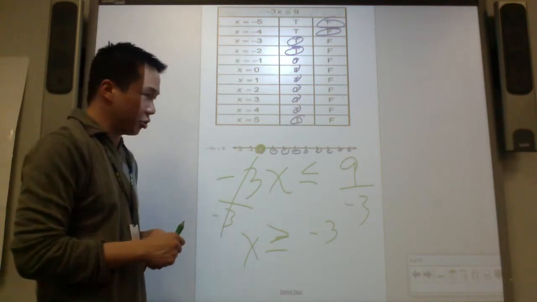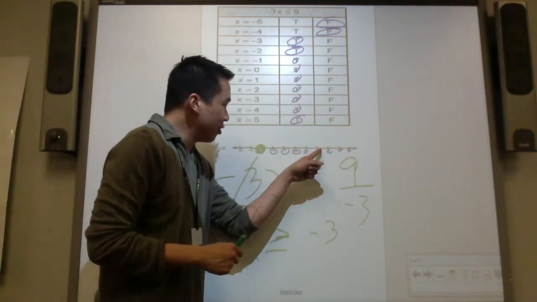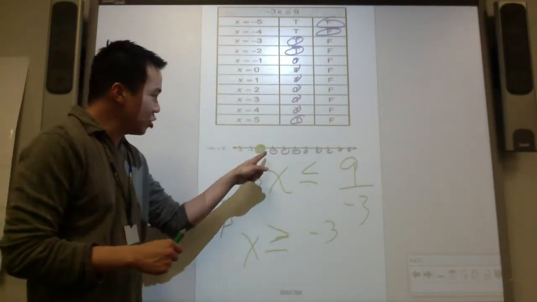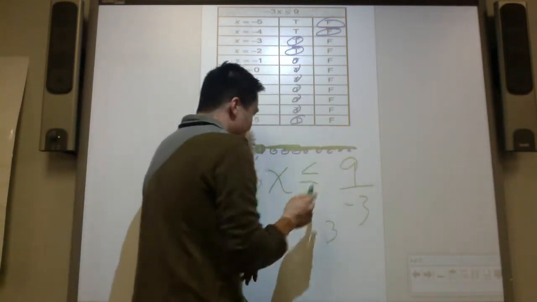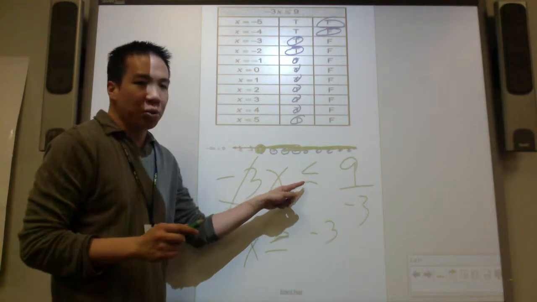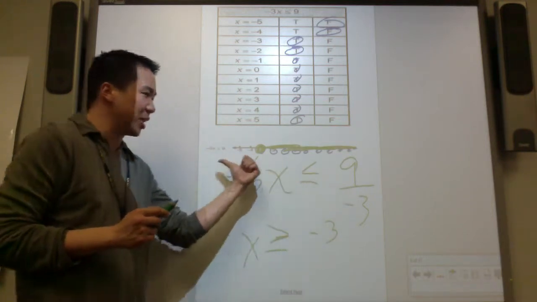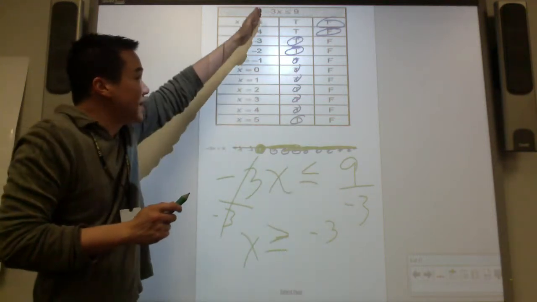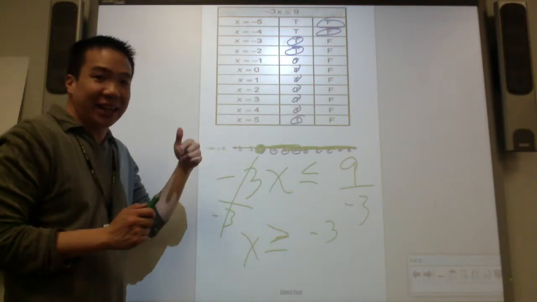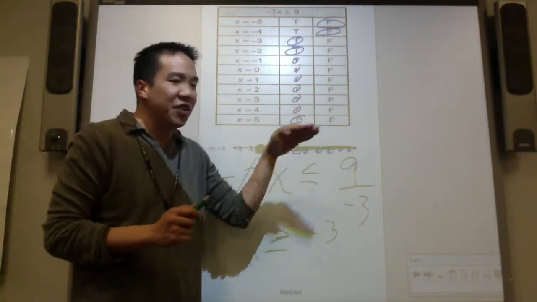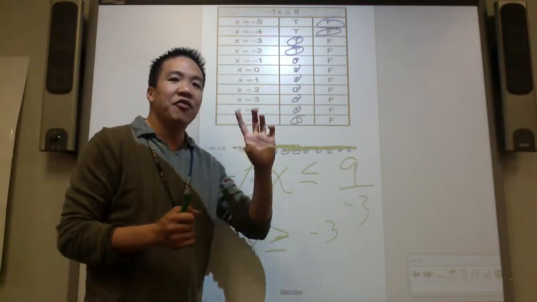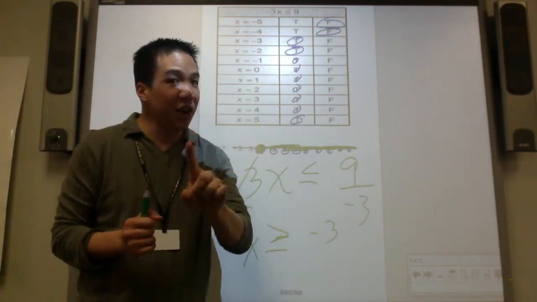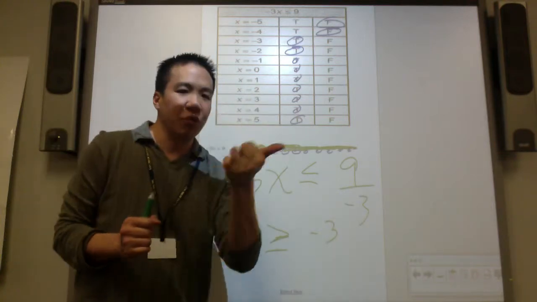Negative 2 is greater than or equal to negative 3. 2 is greater than negative 3. Do you see how all of it is facing now to the right-hand side? In the original problem, the direction was facing to the left. But as we plugged in examples, it all started facing to the right. So when you multiply or divide by a negative number, it will flip-flop.